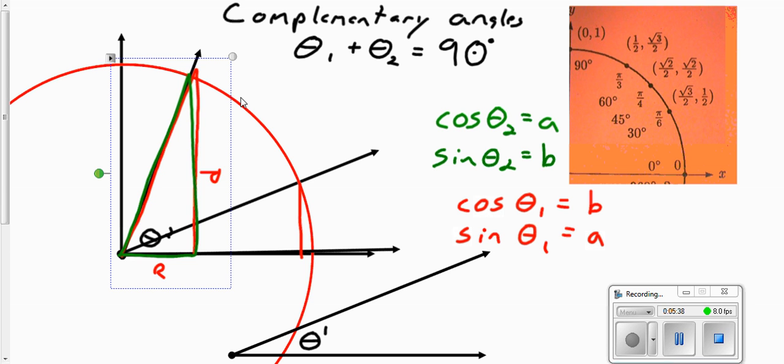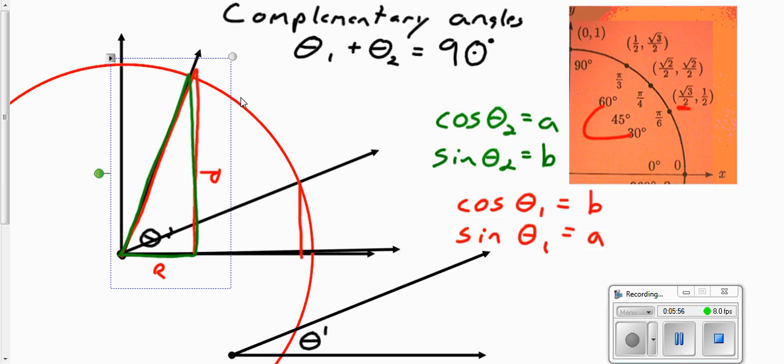A specific example can be seen on our unit circle. Notice on our unit circle, the cosine of 30 degrees is square root of 3 over 2. Well, its complementary angle, 60 degrees, those add up to 90 degrees.